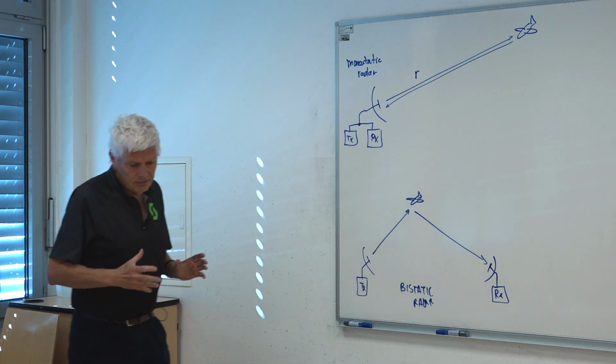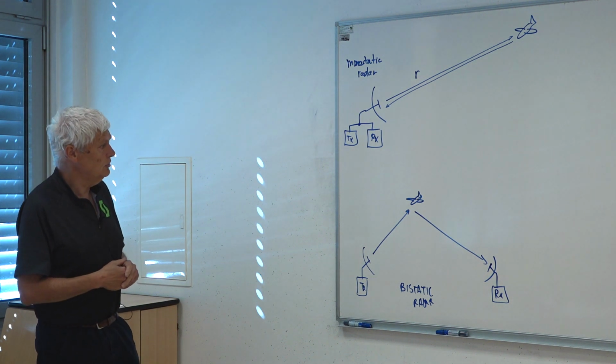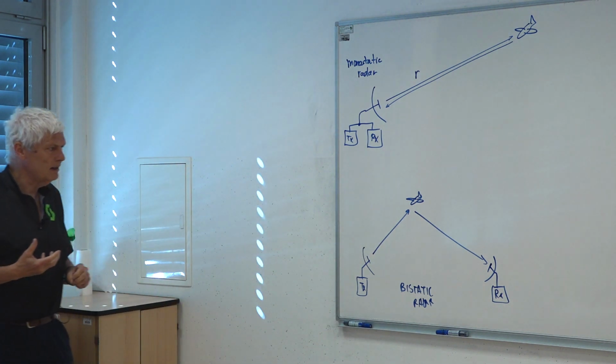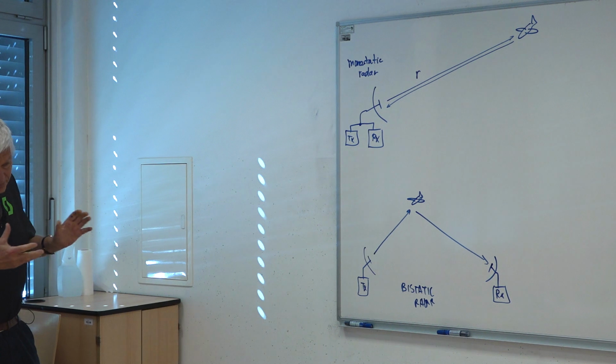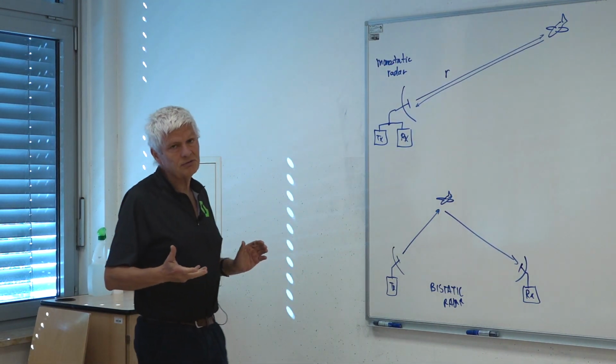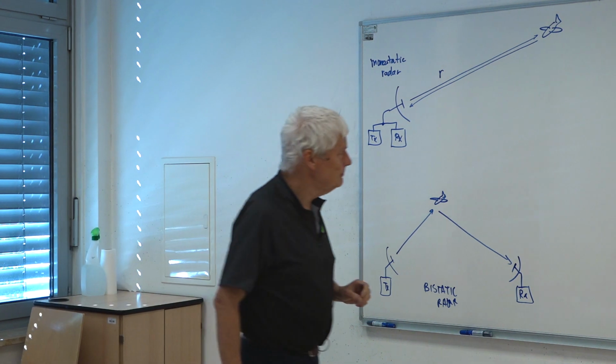So covering 500 kilometers at microwaves, that's quite a good achievement. So this reflection can be used for other purposes, not for finding out where the aircraft are, but for making communications, since these targets are actually available most of the time over Europe. Europe has a very dense air traffic.